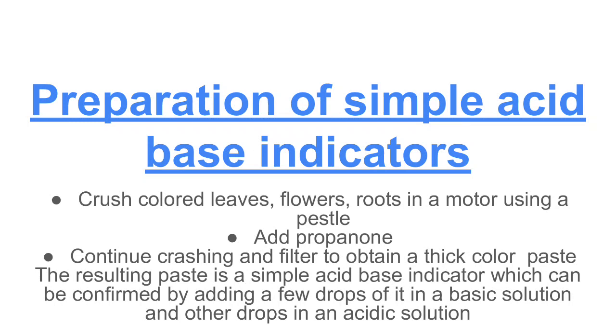The resulting paste is a simple acid-base indicator, which can be confirmed by adding a few drops of it in an acid solution and a basic solution. You will realize that they give a certain color in an acid and some other color in a base.